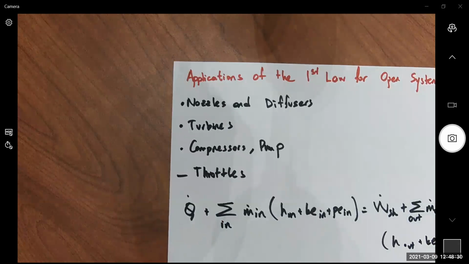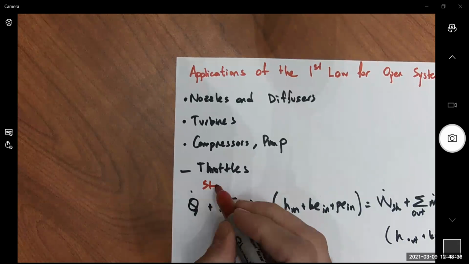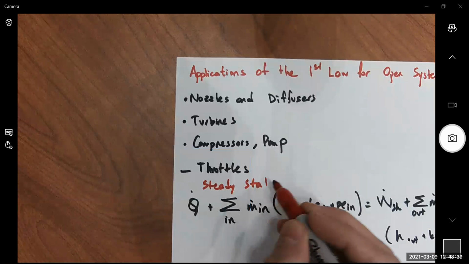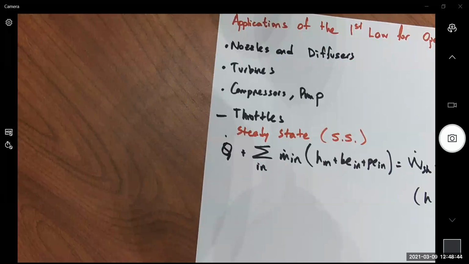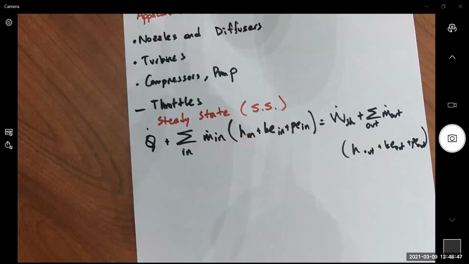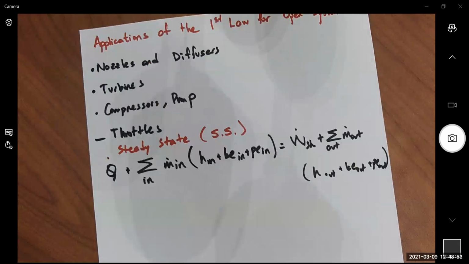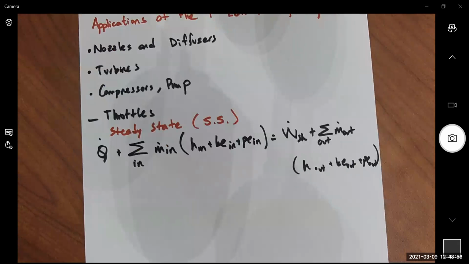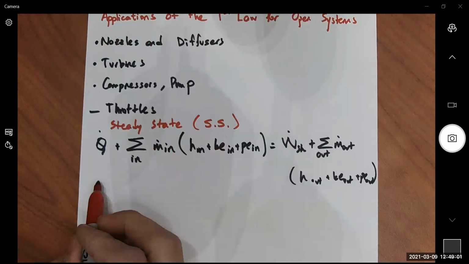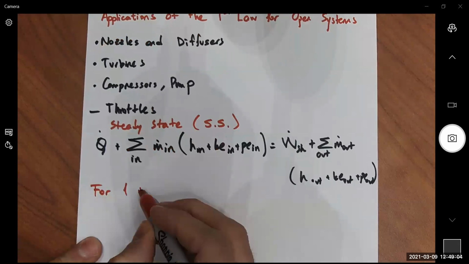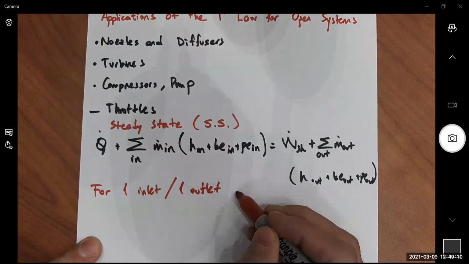This is for steady state. And we further simplify this equation for one inlet, one outlet at steady state.